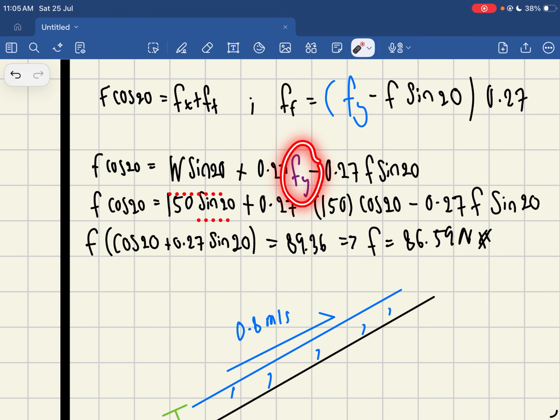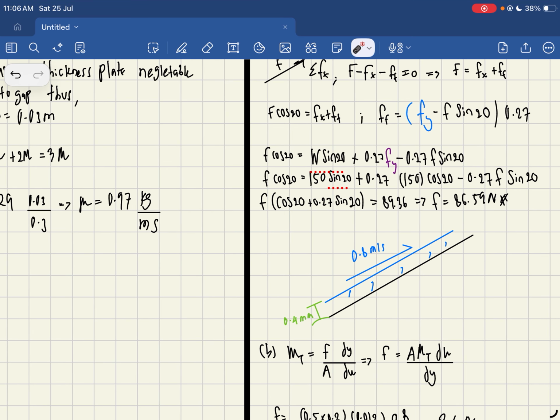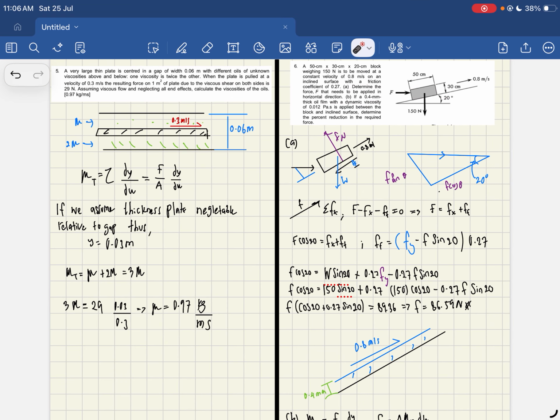Wy essentially is the weight in y component, so that's 115 cos 20 minus 0.27 F sine 20. Rearranging this equation, you will get the exerted force F equal to 86.59 Newton. So that's how we answer question number 1.